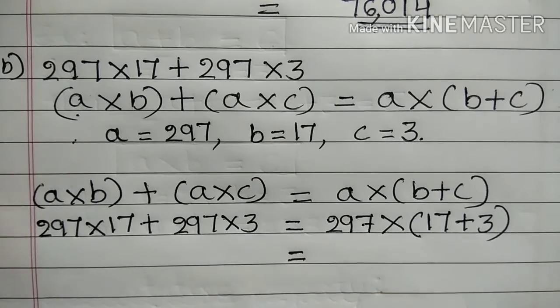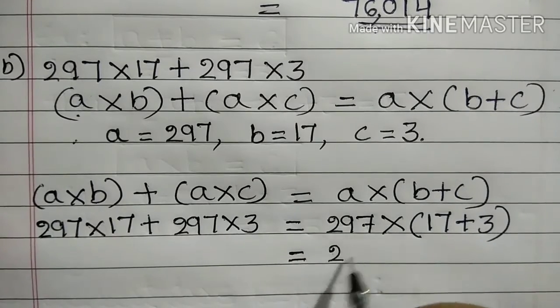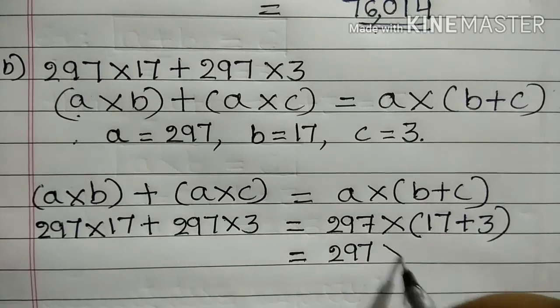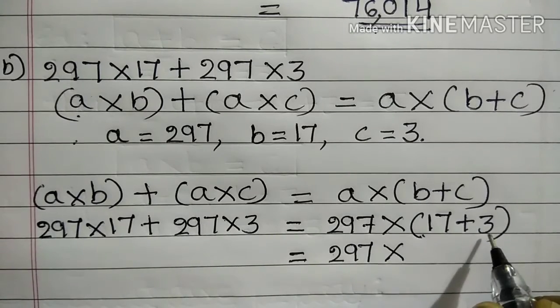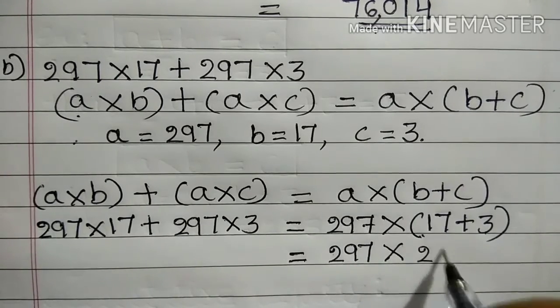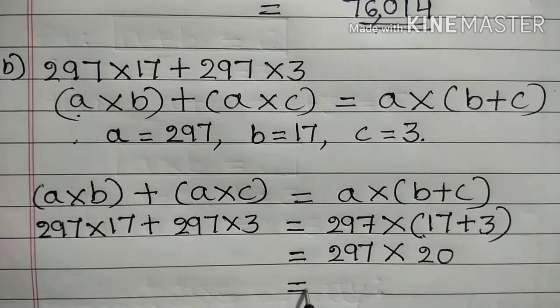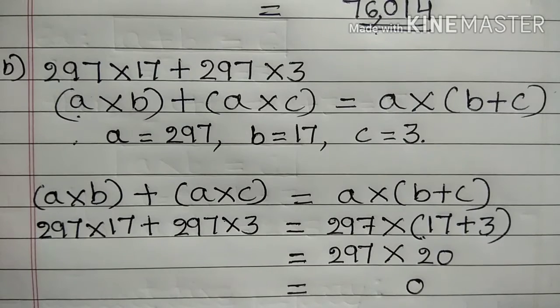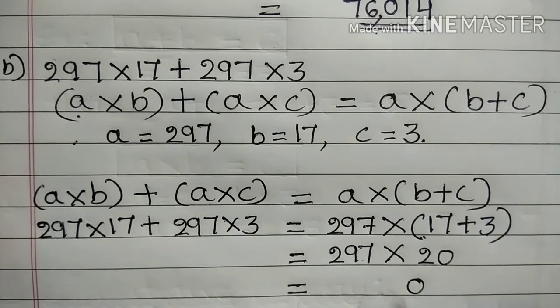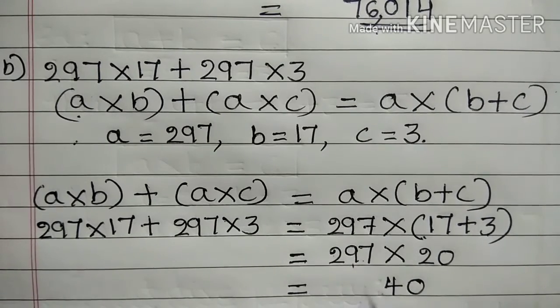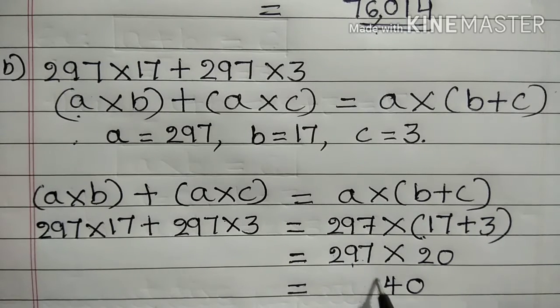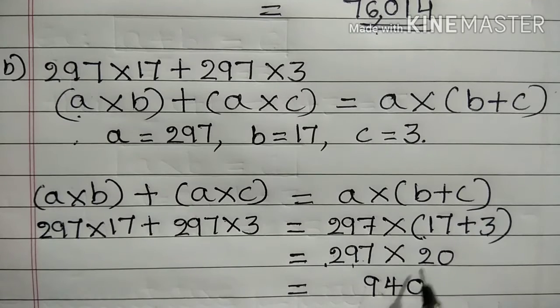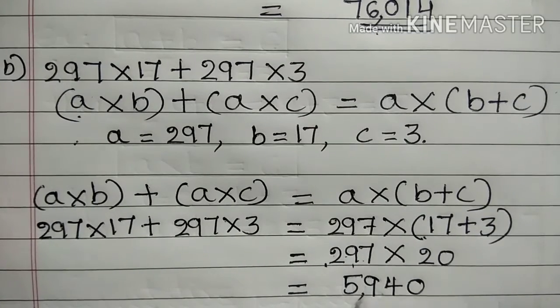So 297 as it is, into 17 plus 3, which equals 20. Now we have to multiply. 0 into any number is 0 only, already we know that. 2 sevens are 14, so carry 1 here. 2 nines are 18, 18 plus 1 is 19. Carry 1 here. 2 twos are 4, 4 plus 1 is 5.